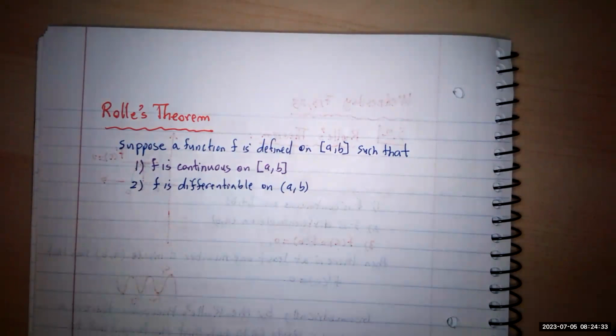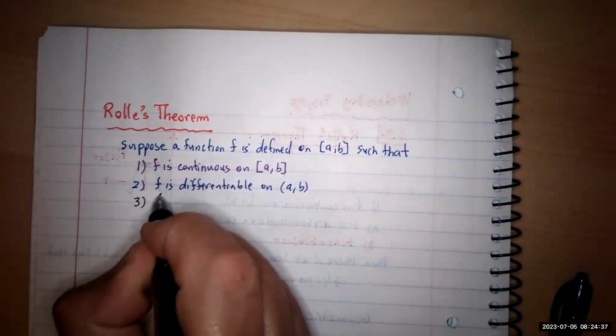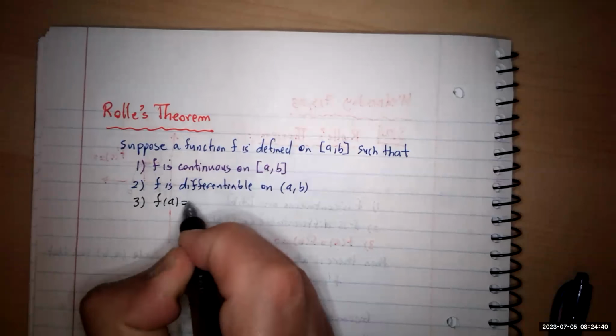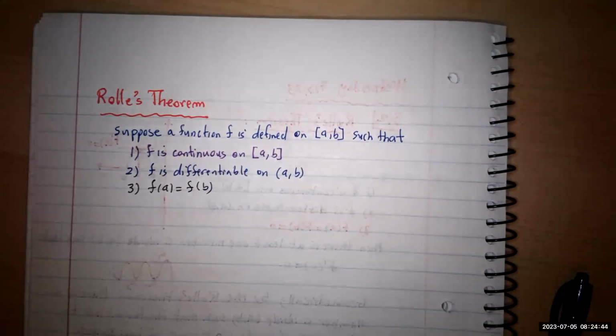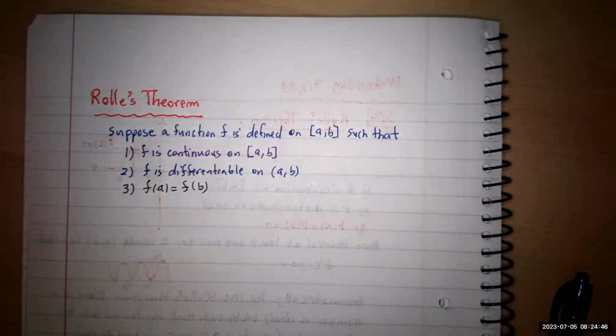The third condition, simply as we simplify it, f of A equal to f of B. In your book, they say f of A equal to f of B equal to 0, but you don't need it. If these three conditions are satisfied, then there is going to be a horizontal tangent line.